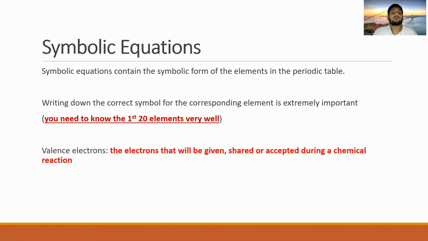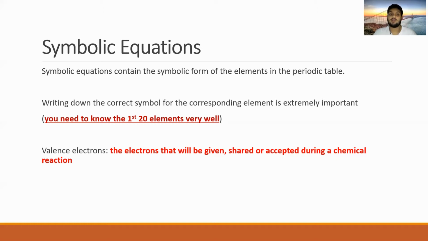And then we need to learn a new term called valence electrons. Those are the electrons that participate in a reaction. They are the electrons that would be given to an element or shared with another element, or an element would accept valence electrons of another element.